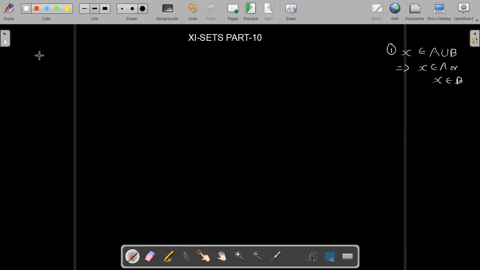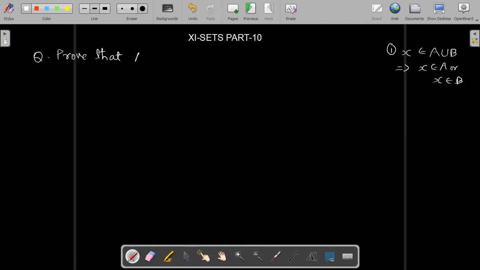So I am taking one question in which difference, intersection, and union are involved. Prove that these types of questions we have to solve by using the properties.